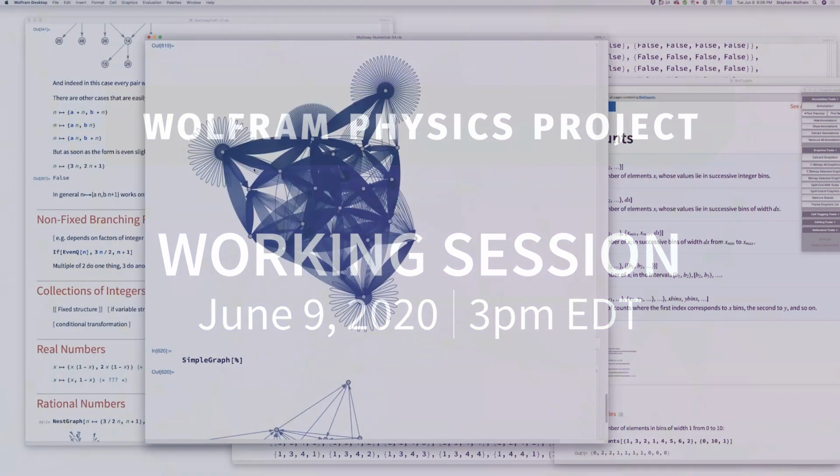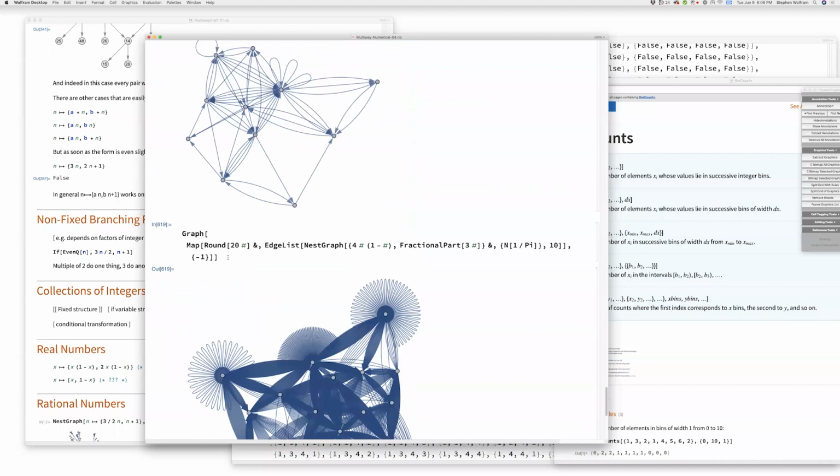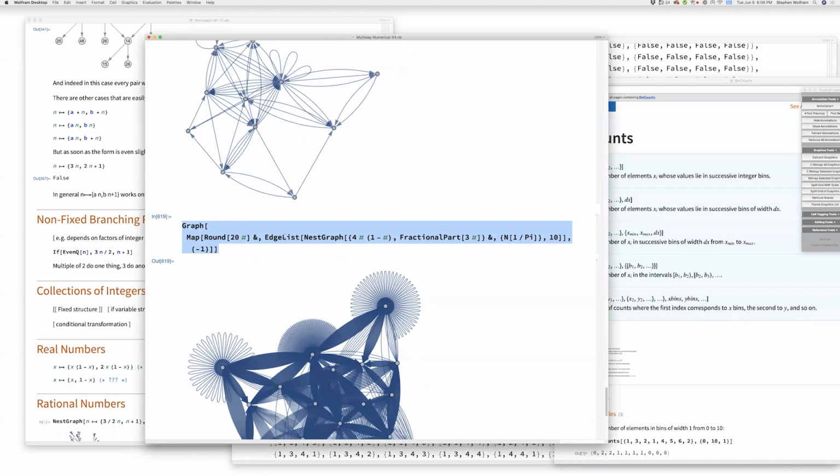Okay, so what this should do, as we change the value of 20 there, right? This should produce different graphs.